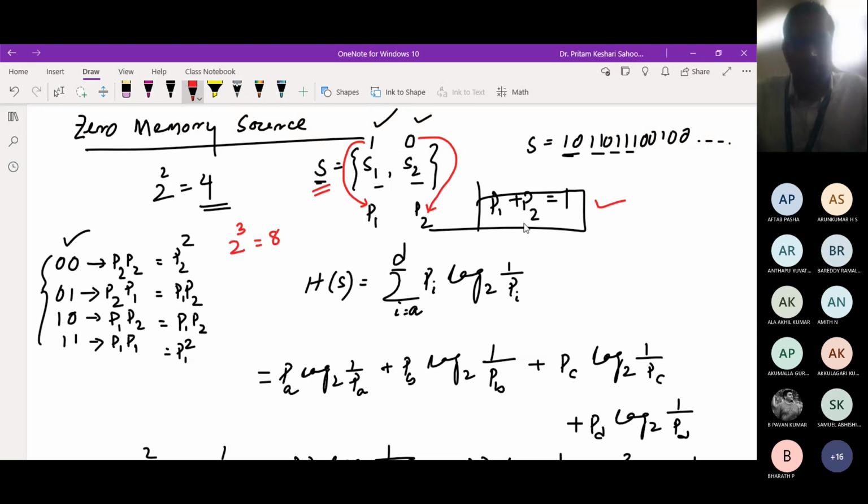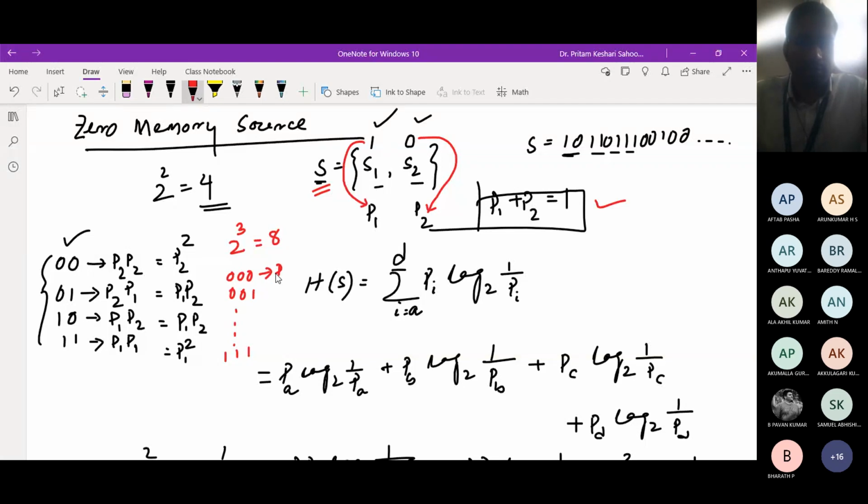We can write here like this, because that will have 000, 001, up to 111. So this will be the third extension. So you will have a total of 8 symbols. And what is the respective probability?